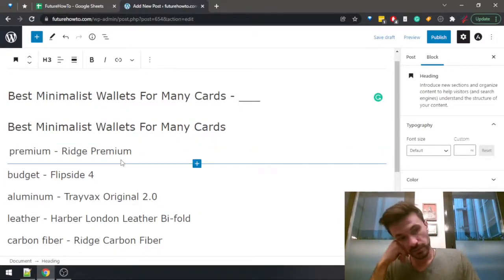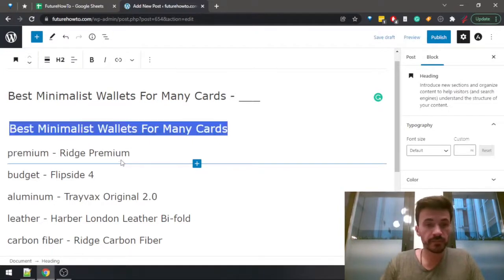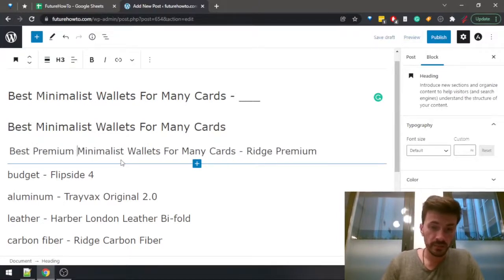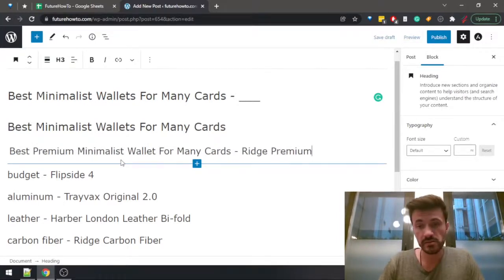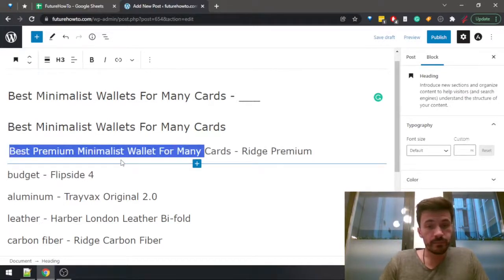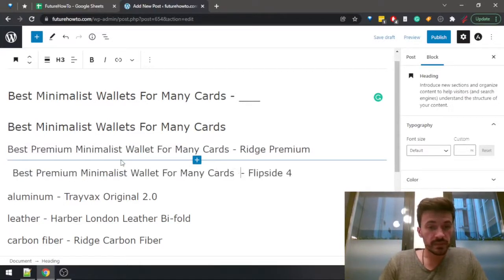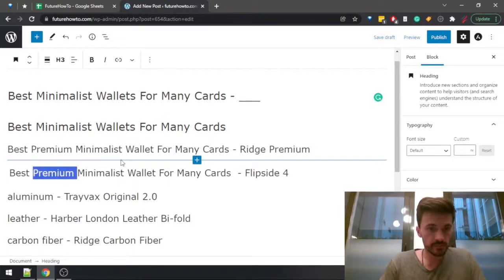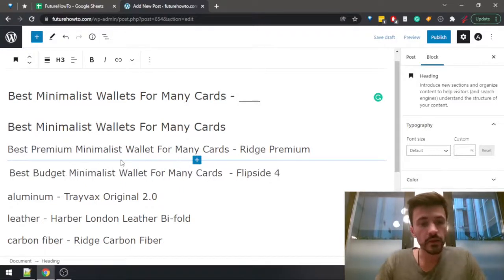So let's flesh these out, let's complete the headers. Maybe this can be best premium minimalist wallet for many cards. This is gonna be best. I don't know why WordPress adds empty spaces, but yeah, it's kind of annoying.